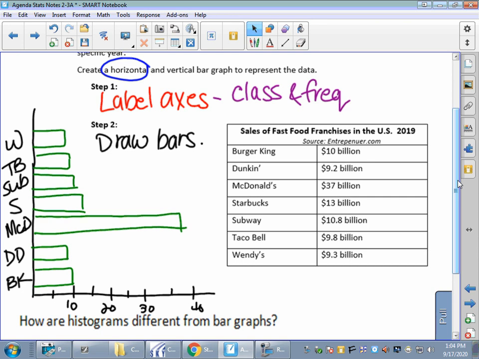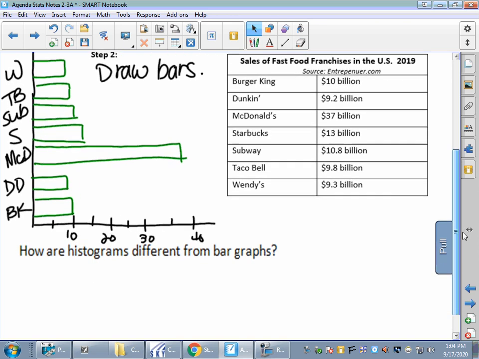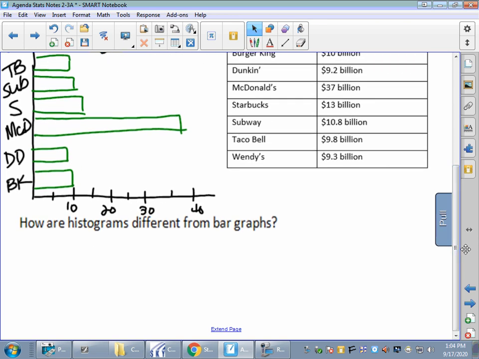So how do histograms differ from bar graphs? Well, they're still bars, right? It's qualitative versus quantitative. Bar graphs can be horizontal or vertical. Bar graphs have gaps between the bars. So this has gaps, no gaps.